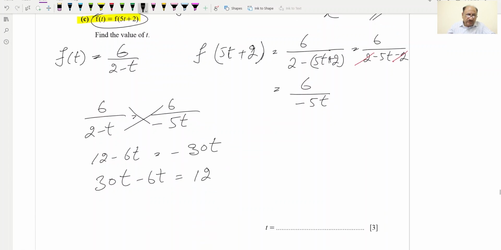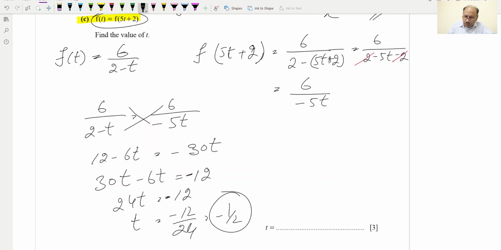So 30 minus 6 will be 24t. So 24t is equal to 12, and t is equal to minus 12 over 24, because we are shifting 12 to the other side, which we can write as minus 1 by 2. So t value will be minus 1 by 2. This is the 3 mark question which we have done.